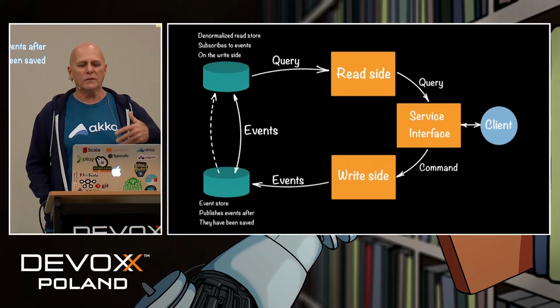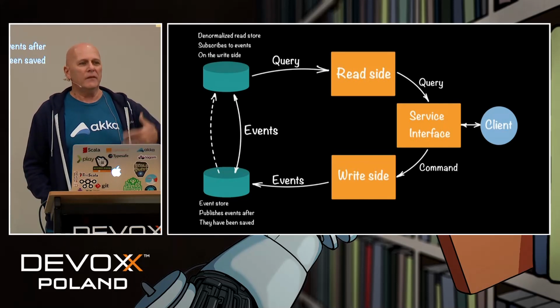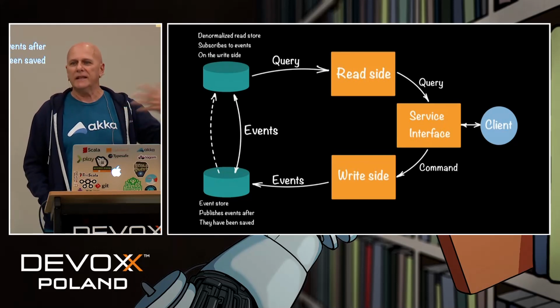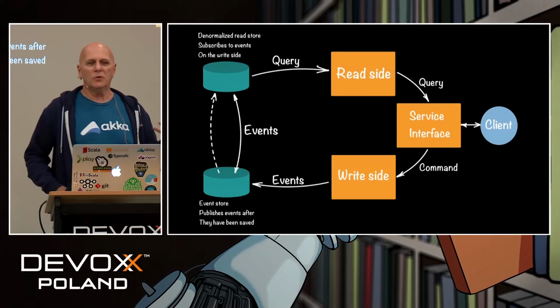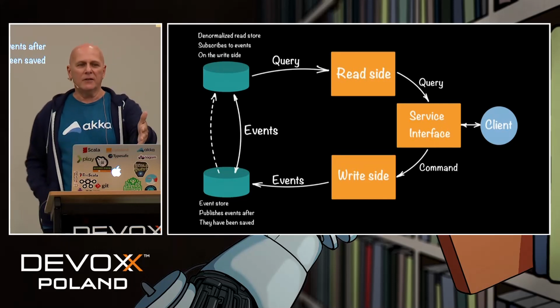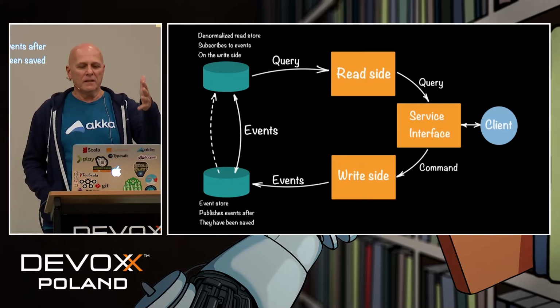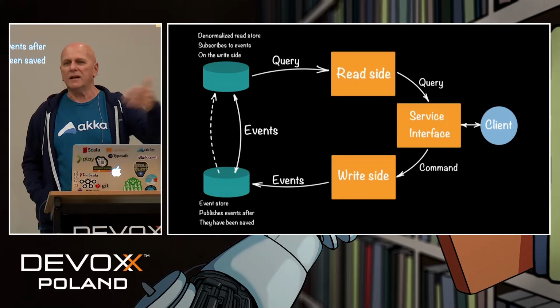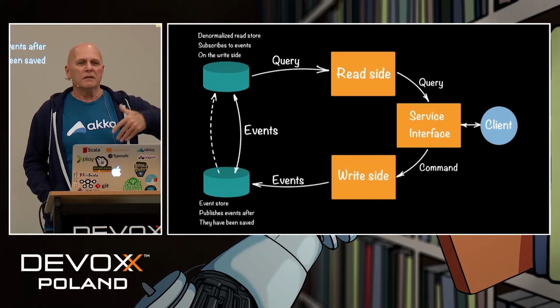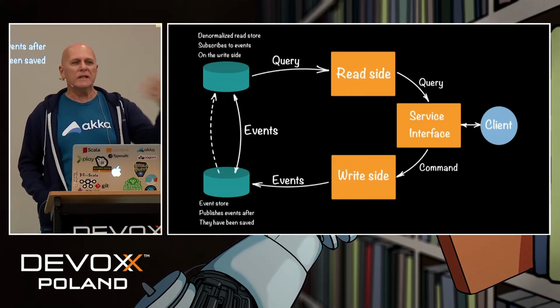On what's called the read side, you have another database, another data store where you're persisting data that's optimized for queries. This is what I'm showing in the diagram on the left, where these events are being communicated to the read side.